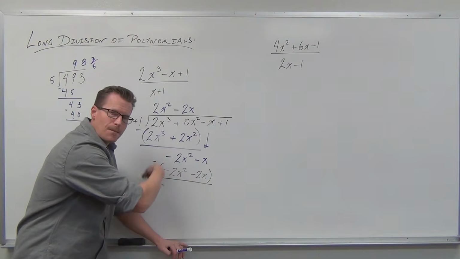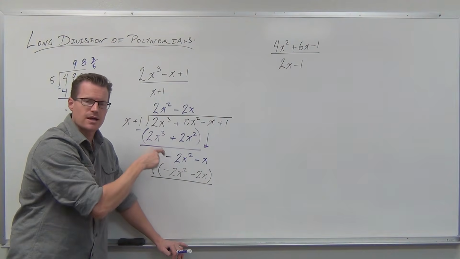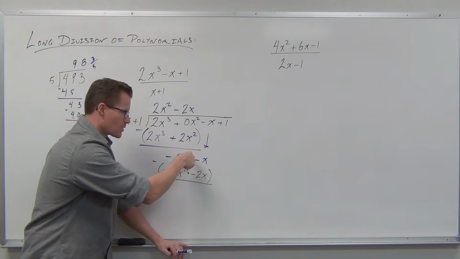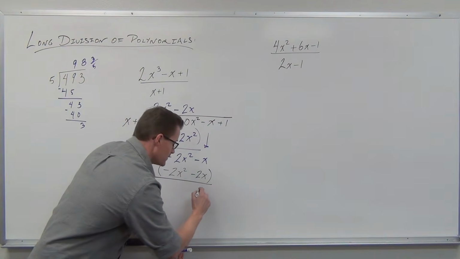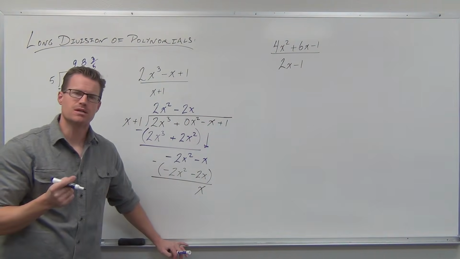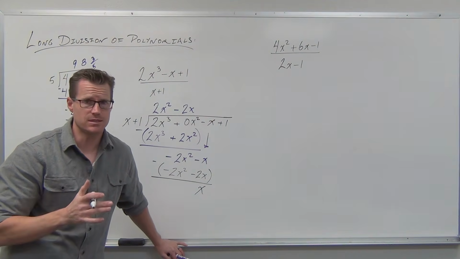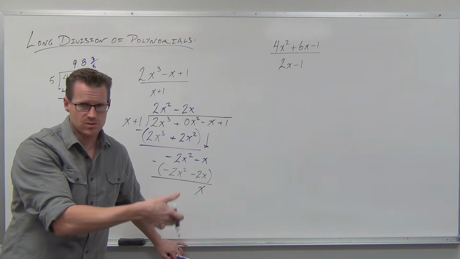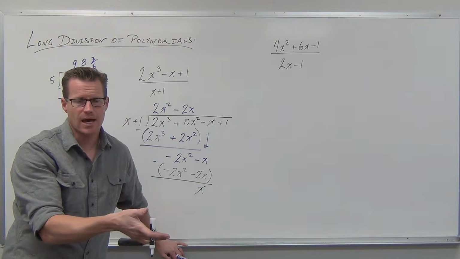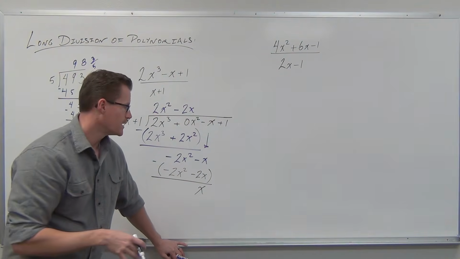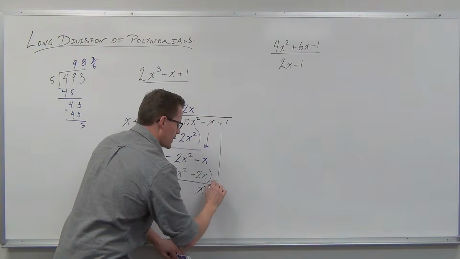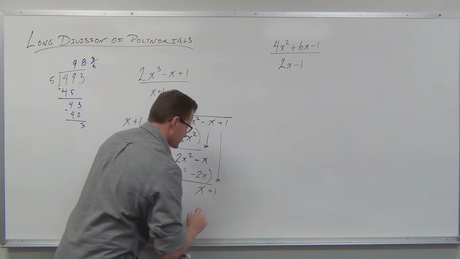That's negative x plus 2x. Your signs have to change. So you're actually adding 2x. That's going to give you x. Can you see how easy it is to make mistakes? It's so easy to accidentally add when you should subtract or subtract when you should add. It's too easy. Now, lastly, we're going to bring down our last term.